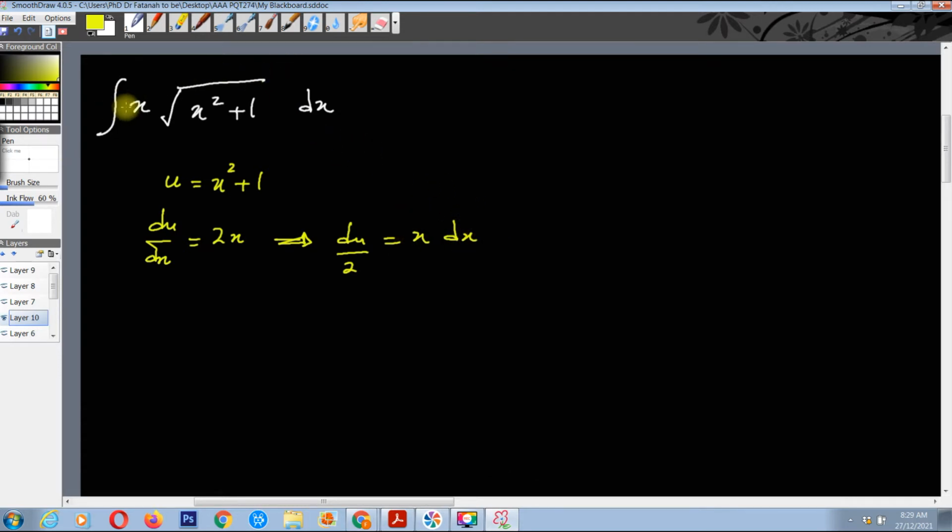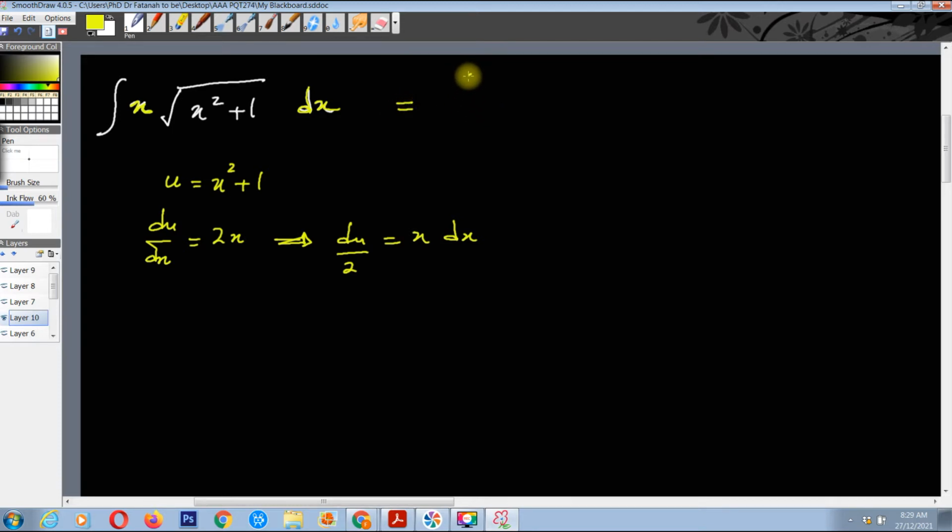Okay, why do I do this? Because here we have x and then we have dx. We can replace it with du over, so what will happen here?